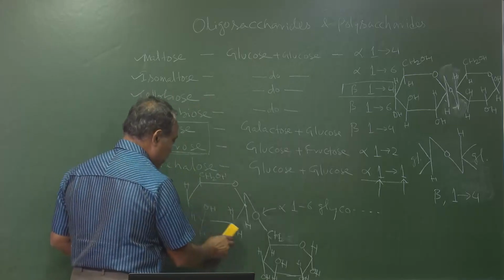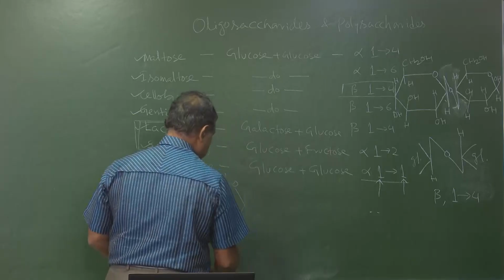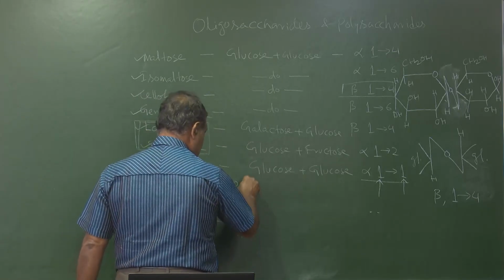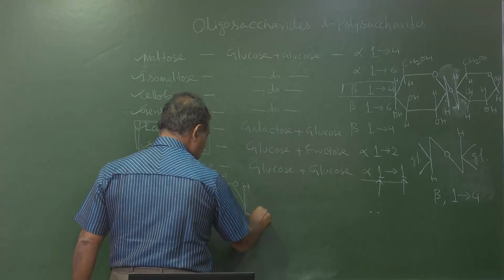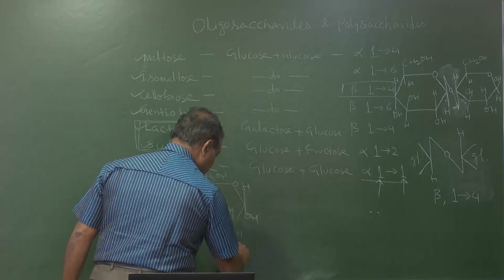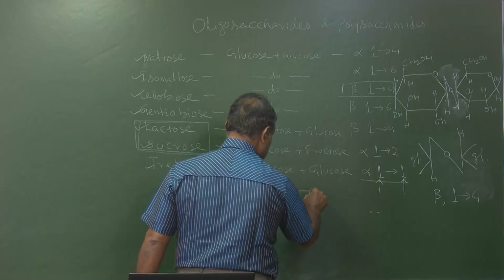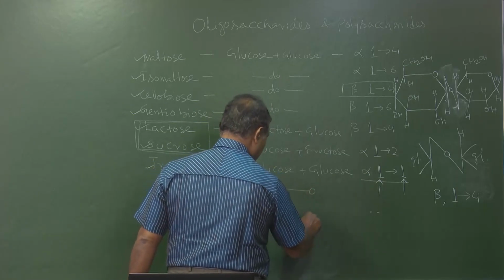So how will they be formed? Let me draw it here. This is HOH, and the other one will also be, we can say another one. Say for instance, we draw it here.